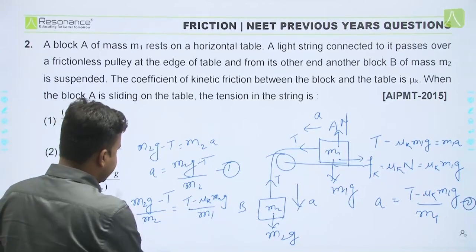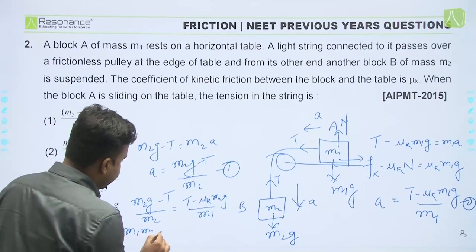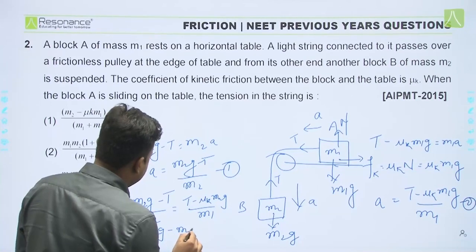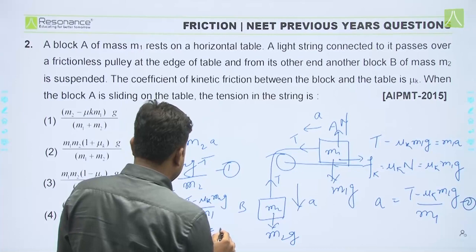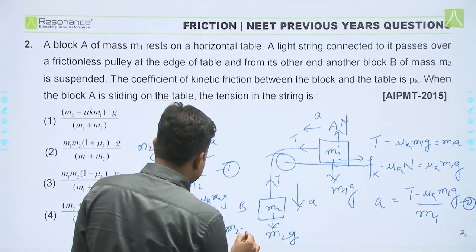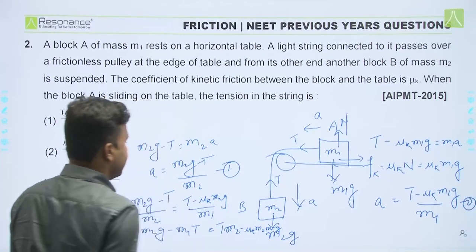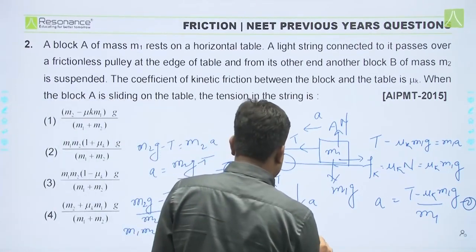What I am doing is the cross multiplication here. So you will get m1 m2 g minus m1 into T is equal to T into m2 minus mu k m2 m1 into g.